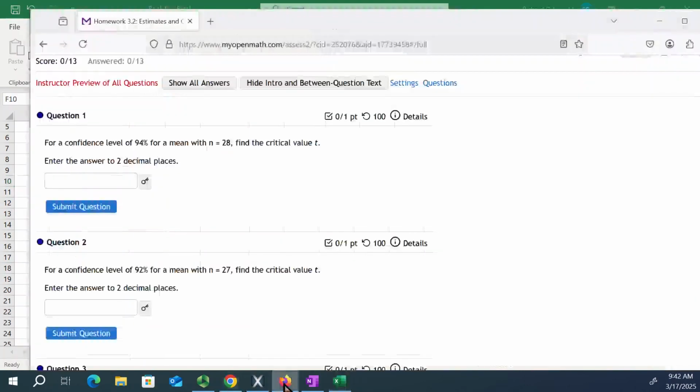Suppose instead of a mean, we were looking for a proportion. I want a 94% interval on the proportion. I don't use the t. I have to use the norm.s.inv.